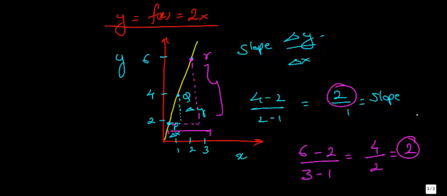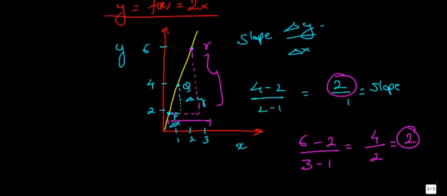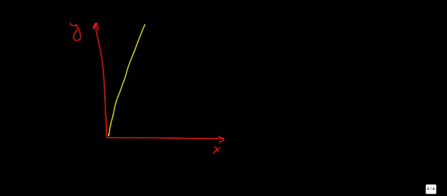Well, you can see that from the angle's point of view also, right? Let me draw this again. This is your y-axis, this is your x-axis, and let me draw a line, y is equal to 2x. Now since this is a straight line, if you find out the angle over here at this point, let's say it is some theta.